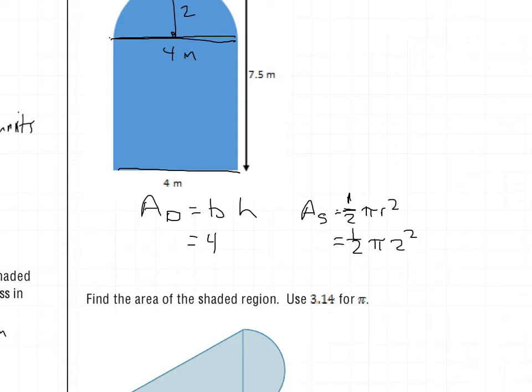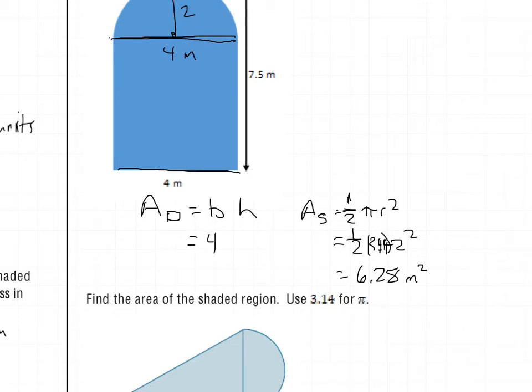And it actually tells me to use 3.14 for pi, so I'll go ahead and replace that with 3.14 here as my estimate. Alright, so when I do that, I should be able to do that multiplication. Check it with your calculator. 1/2 times 2 squared would be 1/2 times 4, which would be 2, times 3.14, which would be 6.28 meters squared.